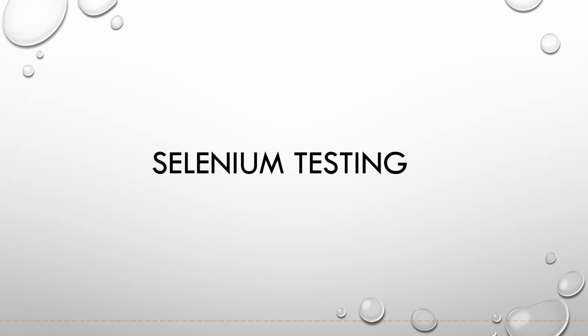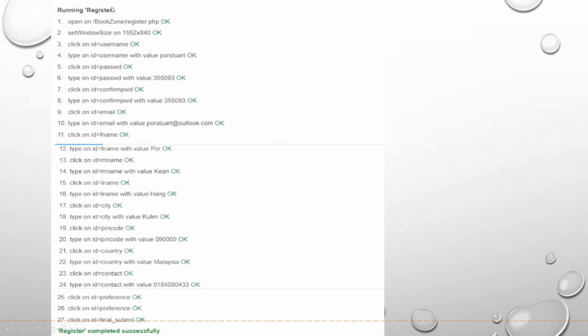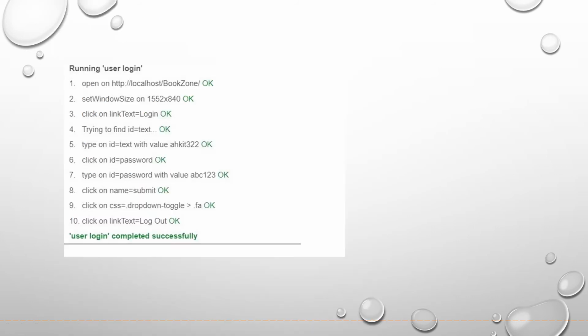Now I will explain the Selenium testing that we had done. This is the register. Now we open the register page and you key in the data the same as the manual testing, and after that you click submit and register successfully. Now this is the login. There are 10 steps. You can see all is okay, which means all the steps are passed.